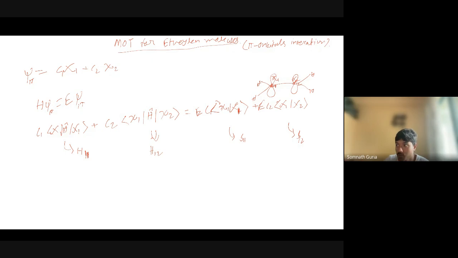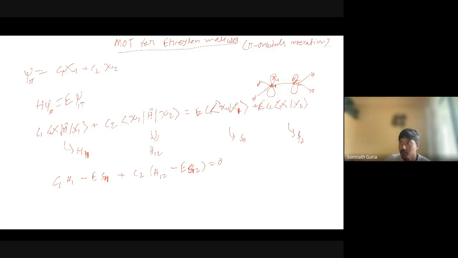So we can write C1 times (H11 minus E S11), taking out one side as a consideration, plus C2 times (H12 minus E S12), equals 0.